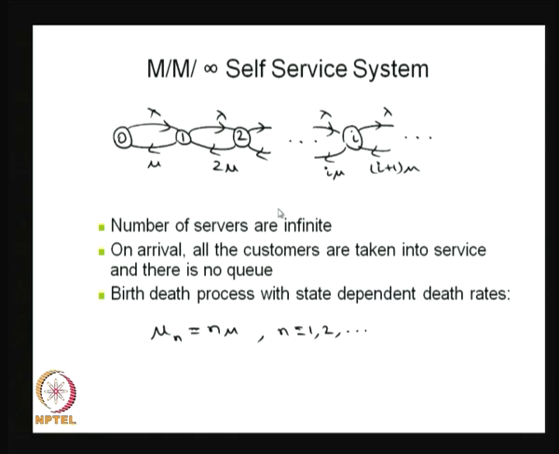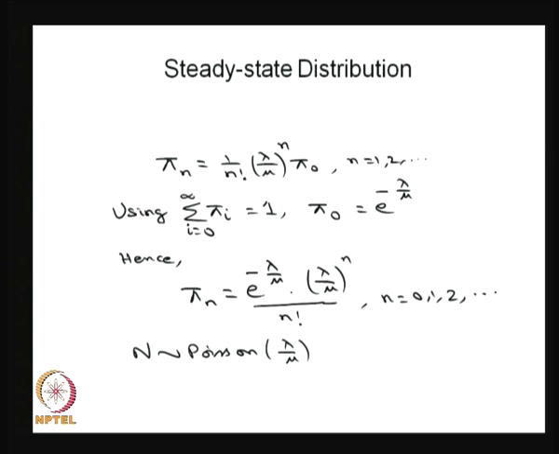So, for the models which I have discussed in today's lecture, all 5 models, the underlying stochastic process is a birth-death process. These are the simplest Markovian queuing models. We can get the steady state distribution using the same theory of birth-death process.